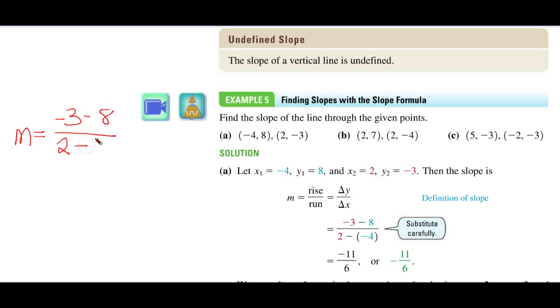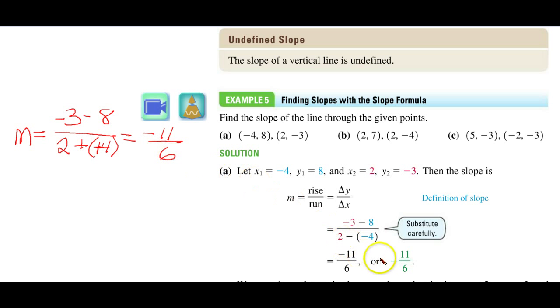Minus is in the formula. And here's where it's a little tricky, that your x coordinate for x sub 1 is a negative 4. So here we have two negatives, which we could just make a positive there. So in our numerator we get a negative 11, and in our denominator we get 2 plus 4 is 6.